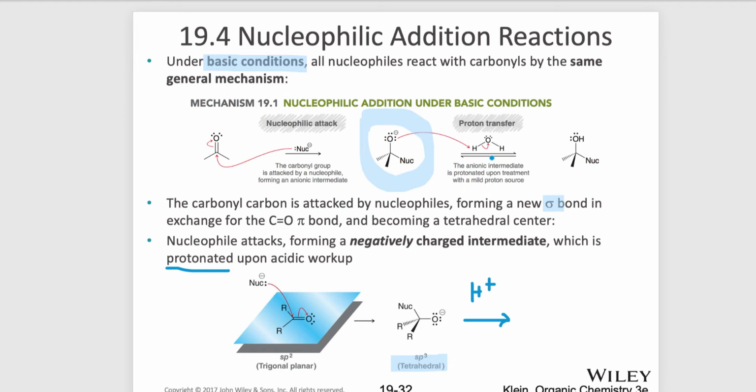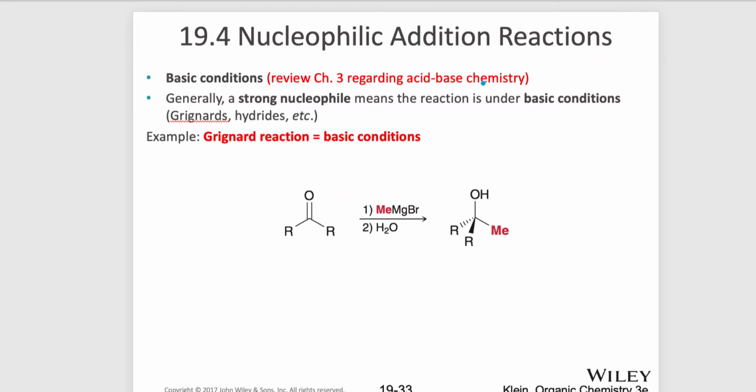As we move on to basic conditions, I've inserted here that if this is a concept that is difficult to you, you may want to look back into chapter 3, which discusses acid-base chemistry, just as a refresher or maybe some clarification, so that you can succeed in learning the new material where acid-base chemistry is going to play some role.